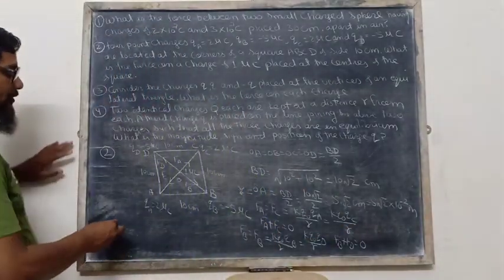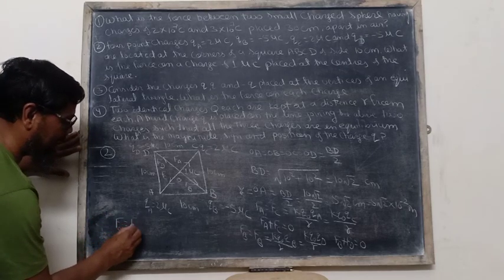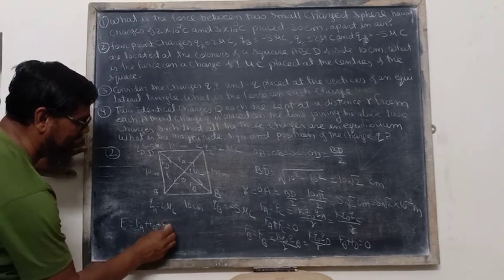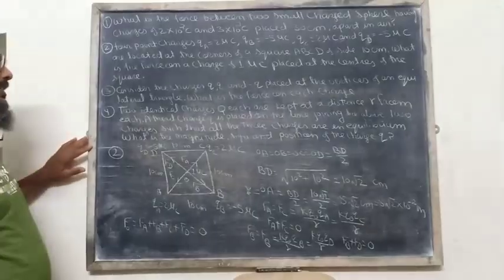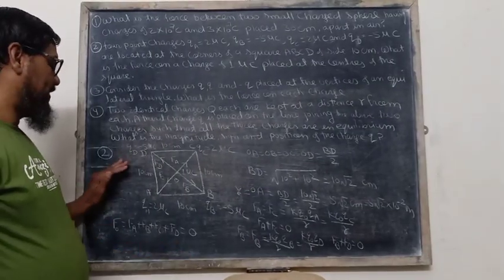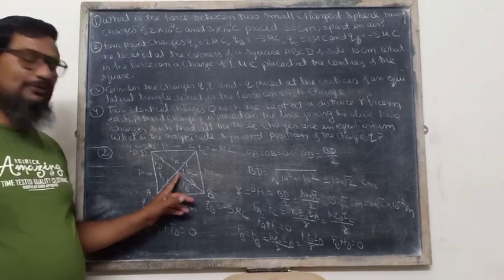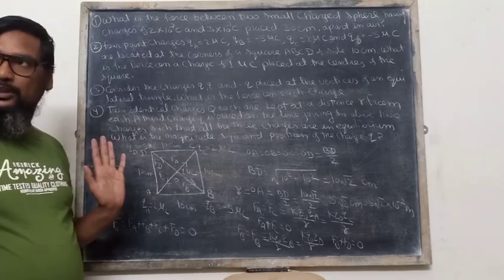So the total force at point O is FO equal to FA plus FB plus FC plus FD, which is equal to 0. This question is based on the superposition principle, and in this manner the total force on the 1 microcoulomb charge, which is situated at the center of the square, is 0.